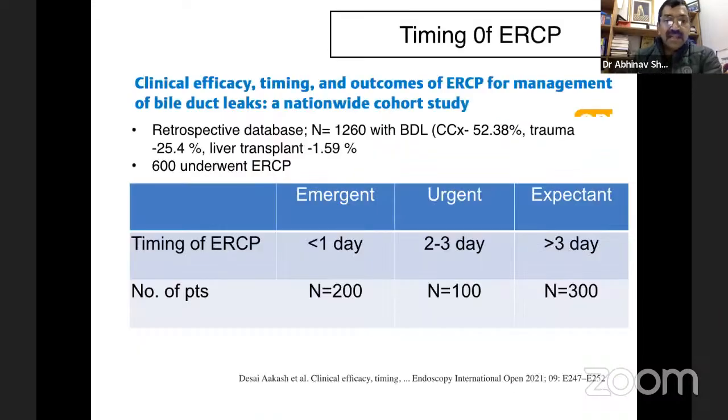This is another study with a large number of patients, again a retrospective database, again from the USA. Of 200 patients, around 600 underwent ERCP for post-operative bile leak. Again, the same division of time intervals: emergent, urgent, and expectant.